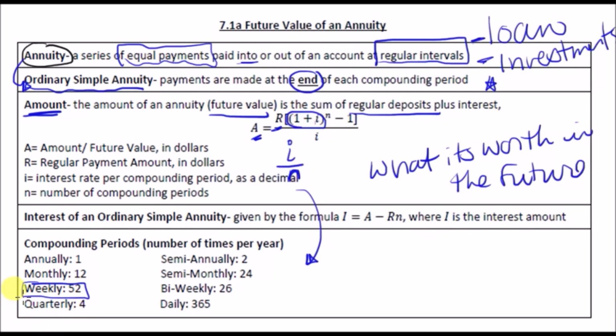But it could also be quarterly, once every 3 months, which is common. Bi-weekly is like your paychecks at work, every 2 weeks. You can read over the rest of these. Annually is once a year, monthly is 12 times a year, semi-annually is twice a year, and semi-monthly is twice a month.